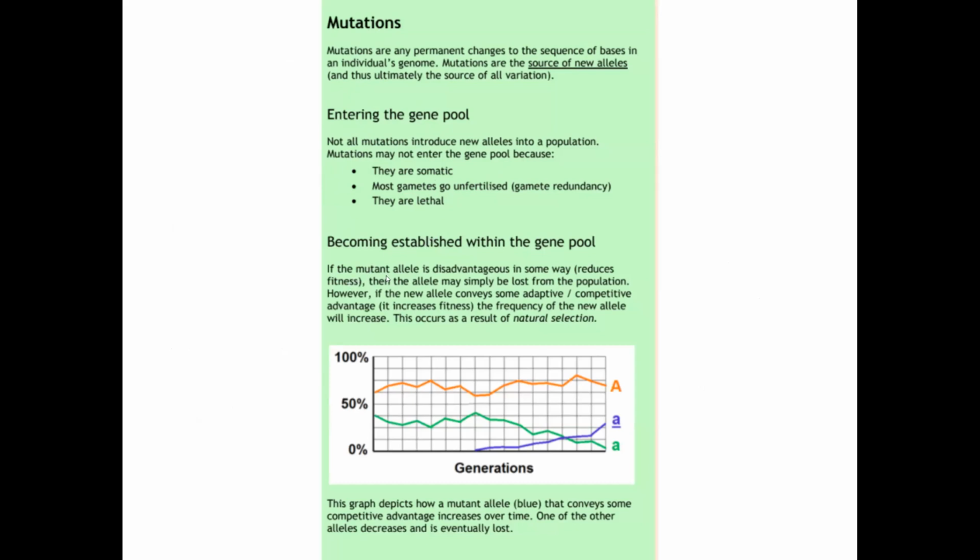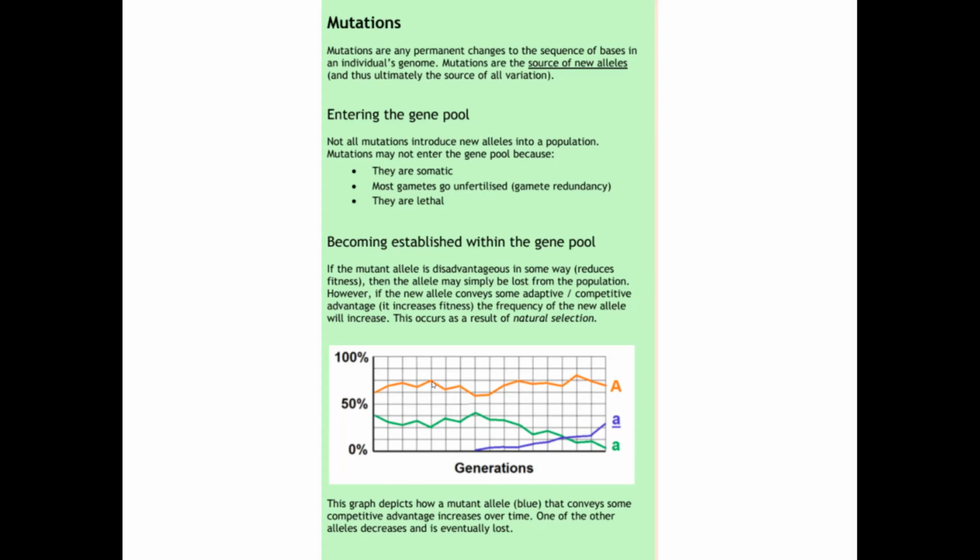Now, if the mutant allele is disadvantageous in some ways, this will reduce fitness. The allele may simply be lost from a population. If the new allele conveys some adaptive or competitive advantage, the frequency of the allele will increase. So as we can see here, we have 3 different colored lines. The mutant allele is blue.